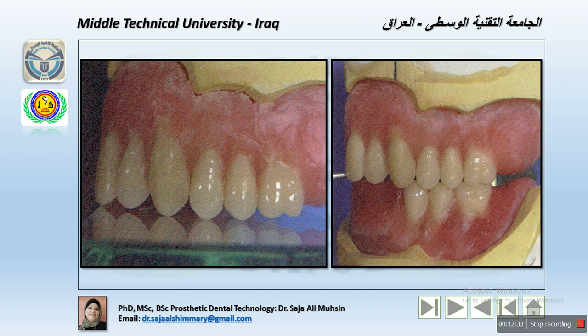Now, the lower second premolar is placed to occlude with the upper second and first premolar. So this relation, natural occlusion, is the tooth to two teeth relationship. Finally, the lower first premolar is placed to occlude with the upper first premolar and the distal aspect of the canine.